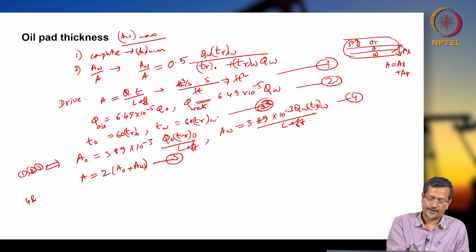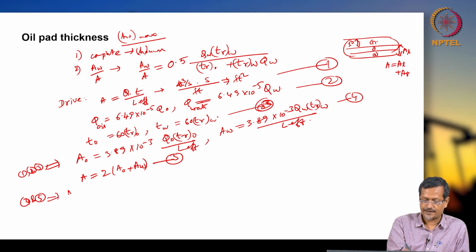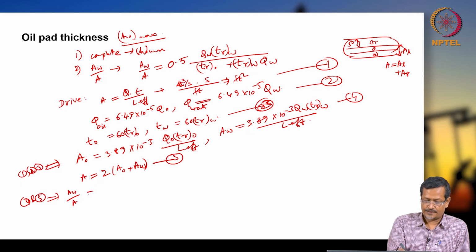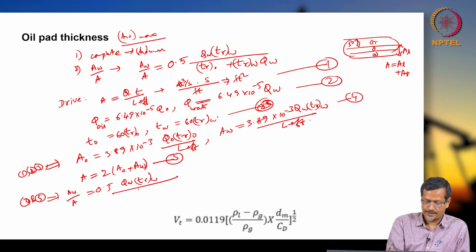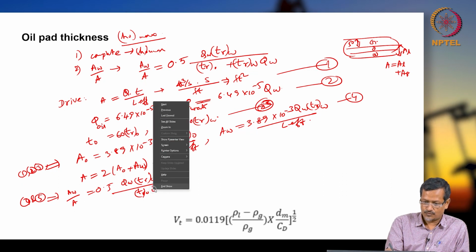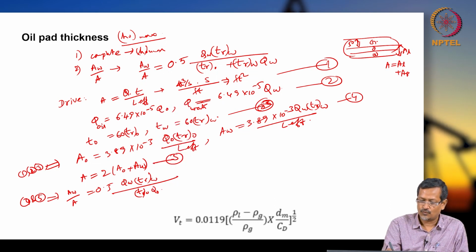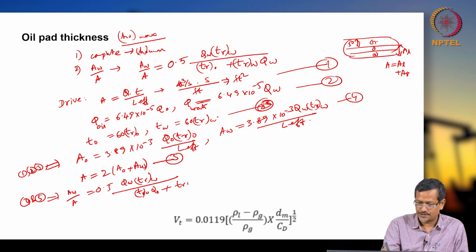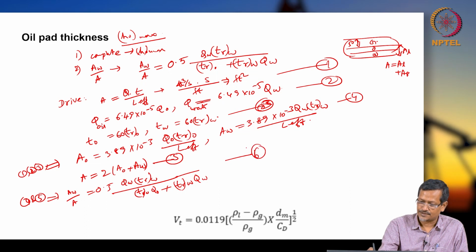So 4 and 5, this equation gives, if I divide, A W by A equals 0.5 Q W TRW divided by TRO Q O plus TRW Q W. Okay, so this equation is 6.